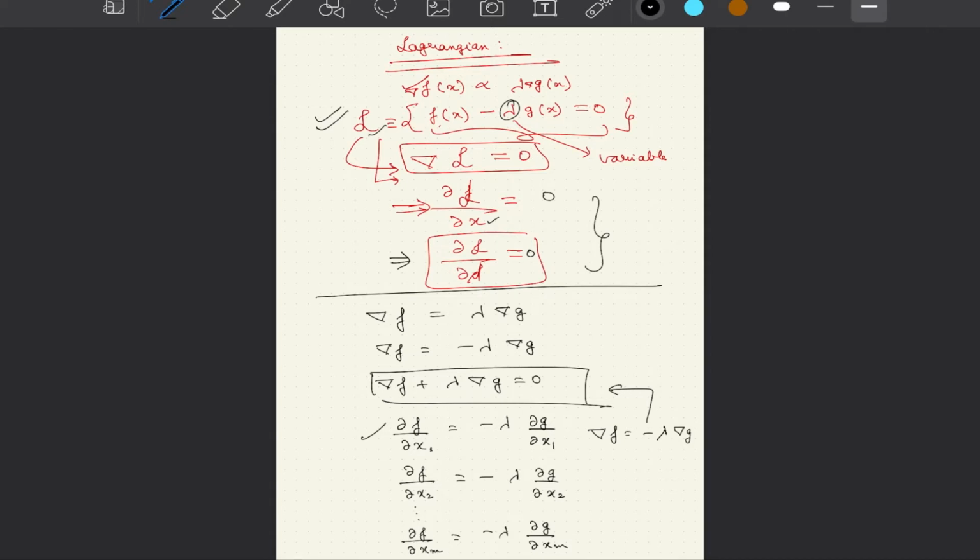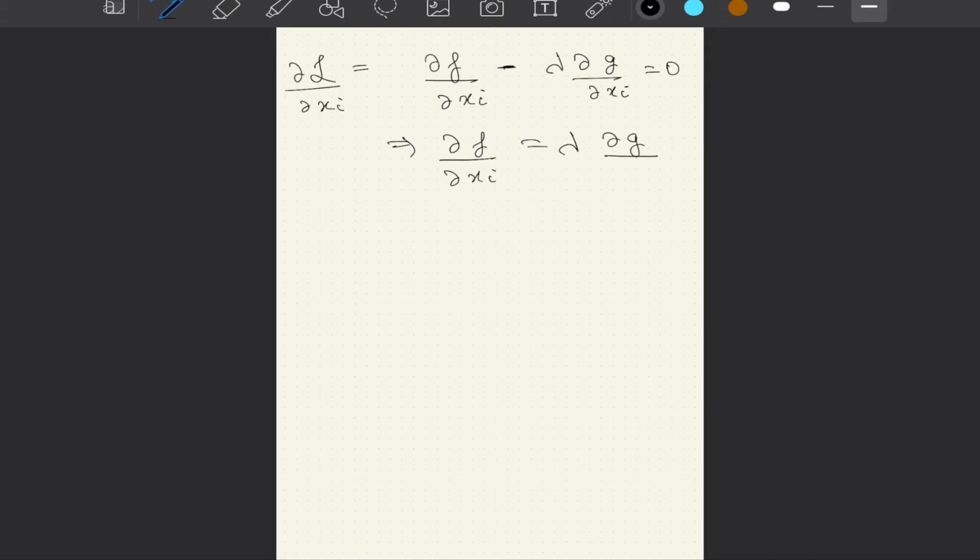When we say that the derivative of the Lagrangian L is equal to 0, that means we take the differentiation of that Lagrangian function with respect to xi, and we again get del f upon del xi minus lambda times del g upon del xi, and this should be equal to 0, which implies del f upon del xi is equal to lambda times del g upon del xi.